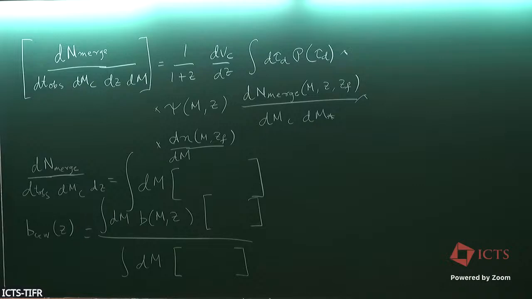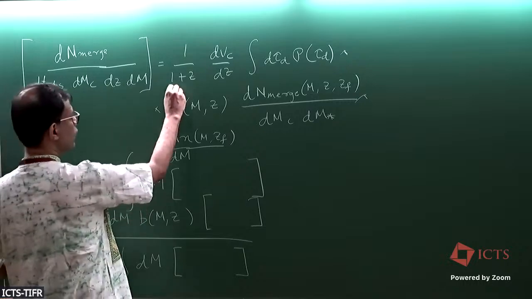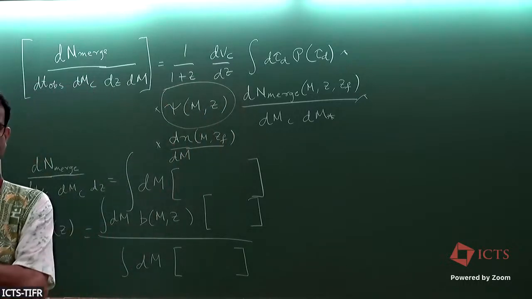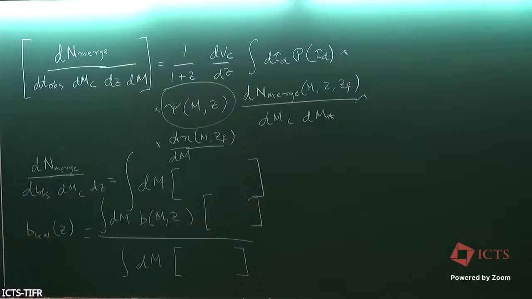To do all this, firstly you need a model for star formation rate, which you may be able to do, because if you have a model for star formation rate, most likely you will be able to relate it to the luminosity of galaxies.